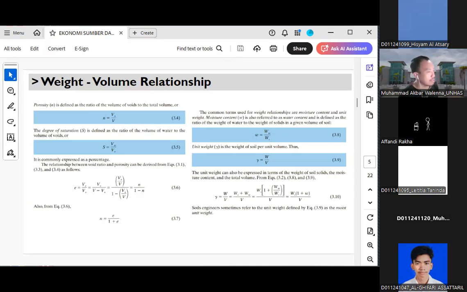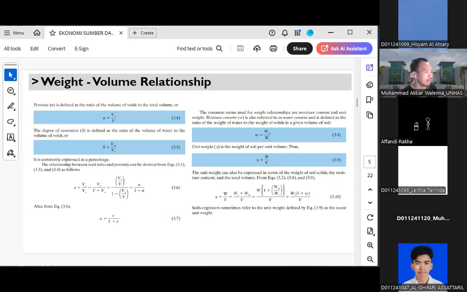So that's why the unit weight is always correlated to the moisture content. The unit weight will increase when the moisture content increases, right? And that necessarily means that it also increases the weight of solids.